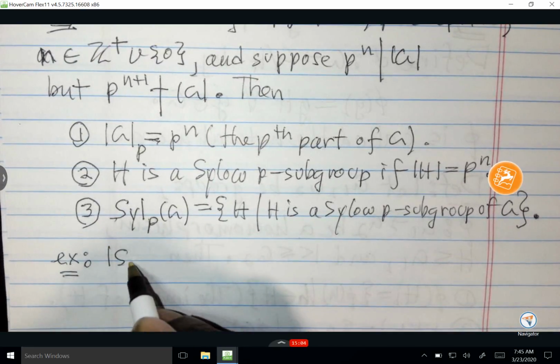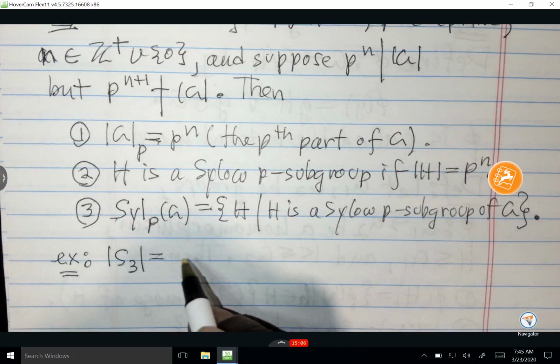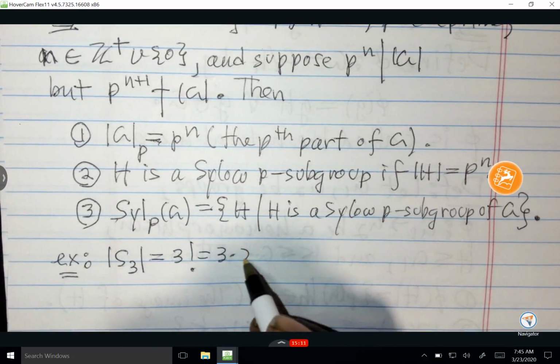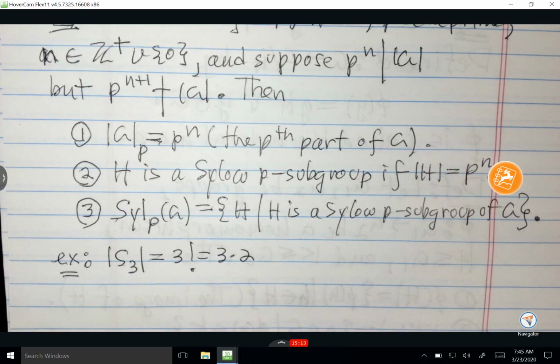If you look at the order of S3, it's equal to 3 factorial. That's 3 times 2. And if you look, I've left it prime factored, because we're interested in Sylow p-subgroups, where p is a prime.